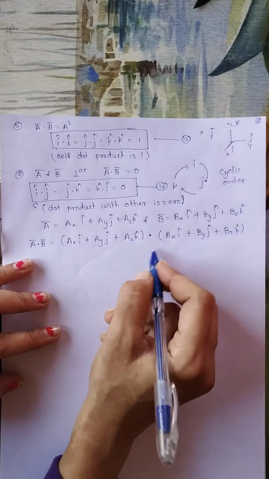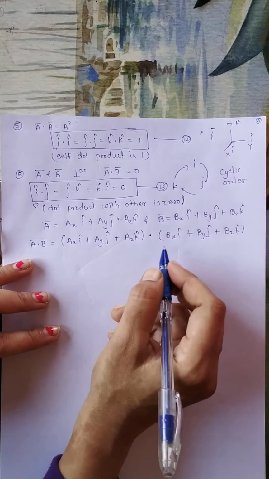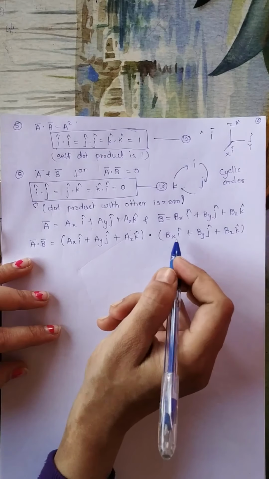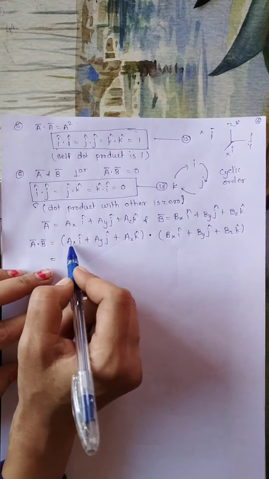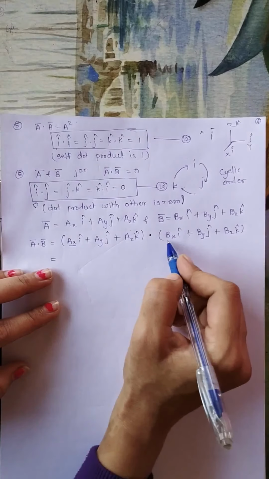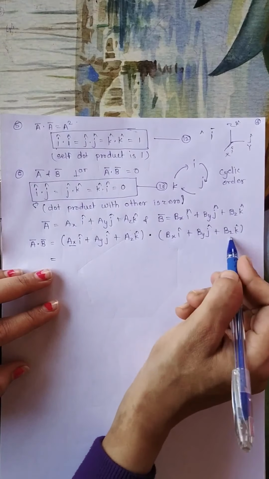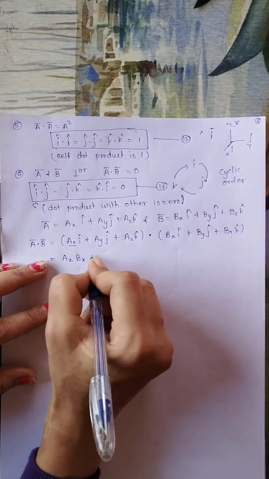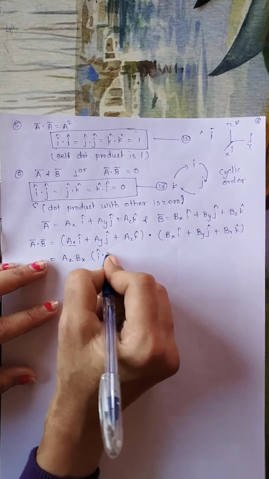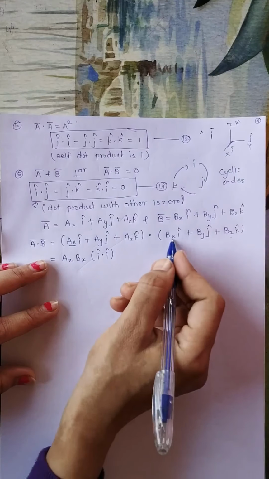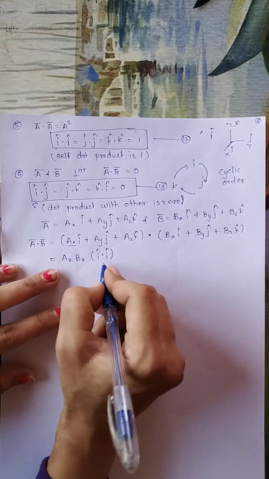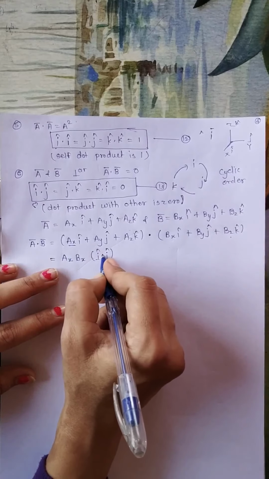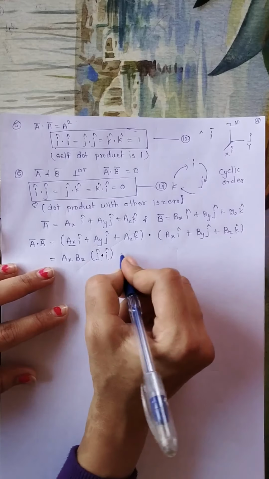Now this dot product is taken like normal multiplication, so we will solve this bracket. First I will take ax dotted with each term from this. So I will get here ax bx into I cap dot I cap. Since these are magnitudes and these are vectors, there is a dot product of two vectors, so the dot will be between these two, and here there is normal multiplication.